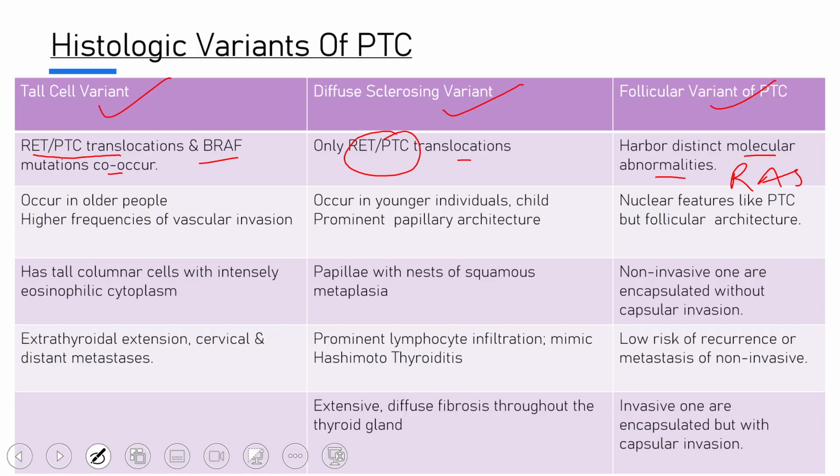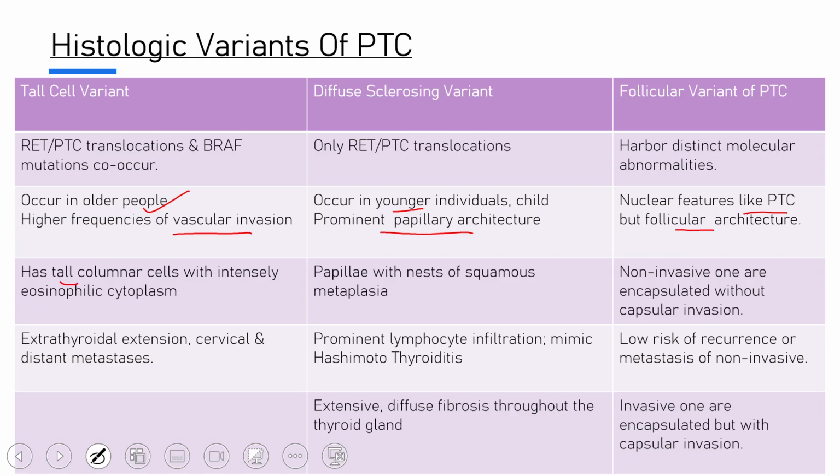Such things can be seen in the follicular variant of papillary thyroid carcinoma, and this occurs in older people, while the other occurs in younger people, and there is a high frequency of vascular invasion and a prominent papillary architecture. Similarly, the nuclear features in the follicular variant are similar to PTC, but they have follicular architecture.